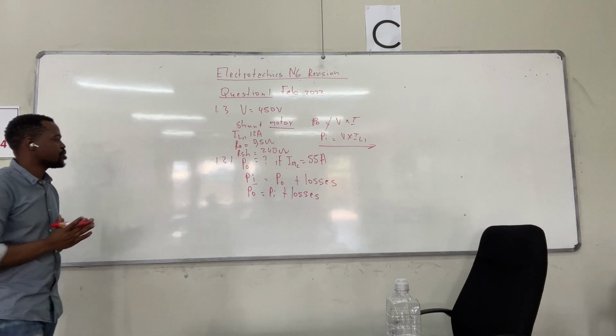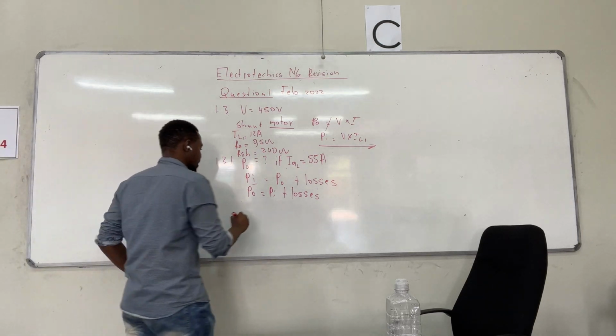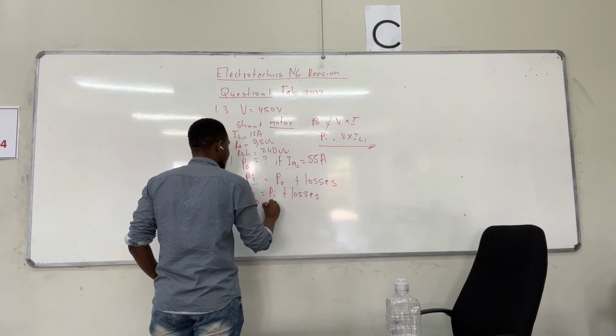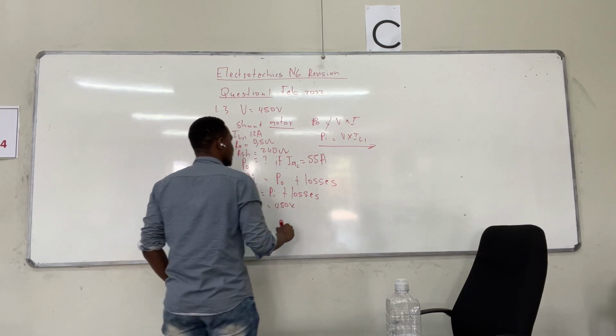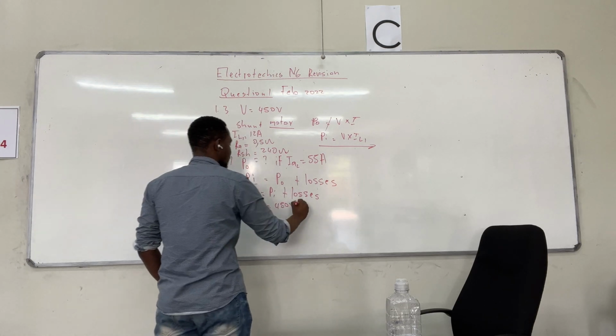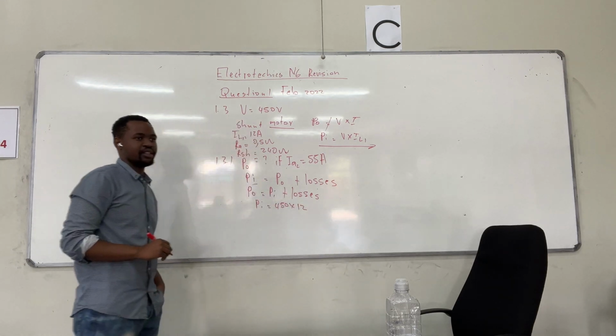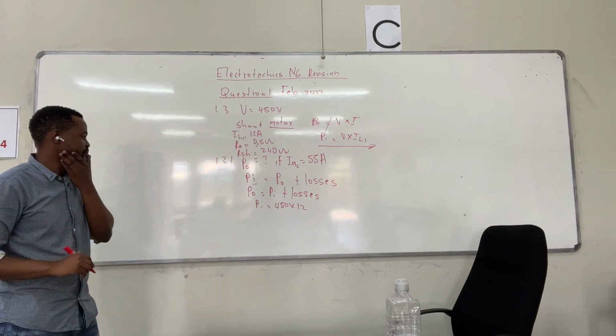Okay, so let us calculate power in. Power in is 450 times 12.